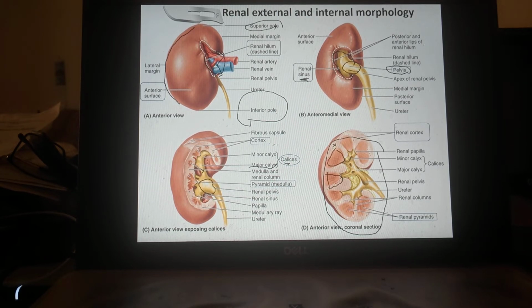This pyramid has a base and an apex. At the apex of the renal pyramid, you can find the renal papilla, and opposite the renal papilla, you can find the minor calyx. In between the renal pyramids, you can find renal columns, which are part of the cortex. I think that's enough for internal structure.